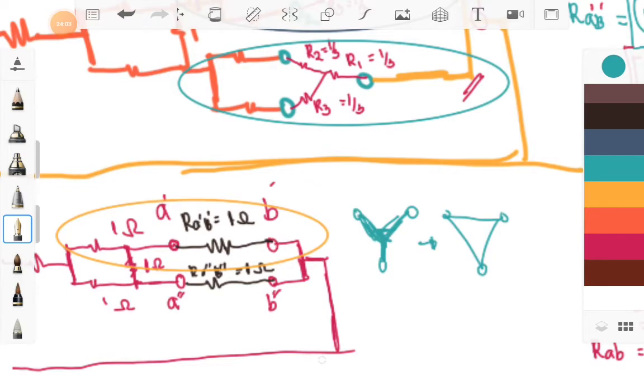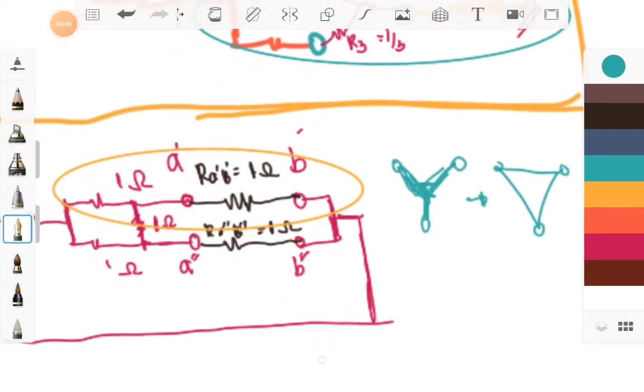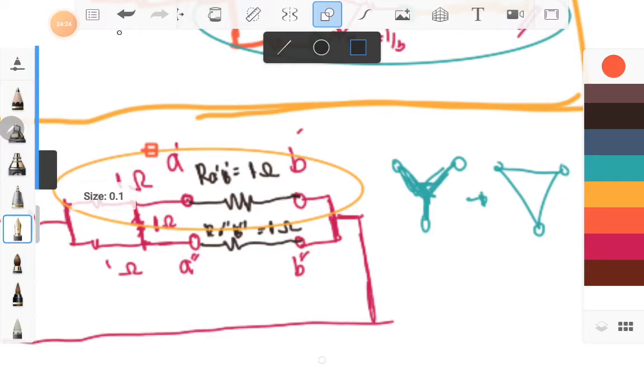So we have our 1 ohm, RA prime B prime, and then another 1 ohm. Okay, let us isolate this figure. So isolate natin itong figure na to.